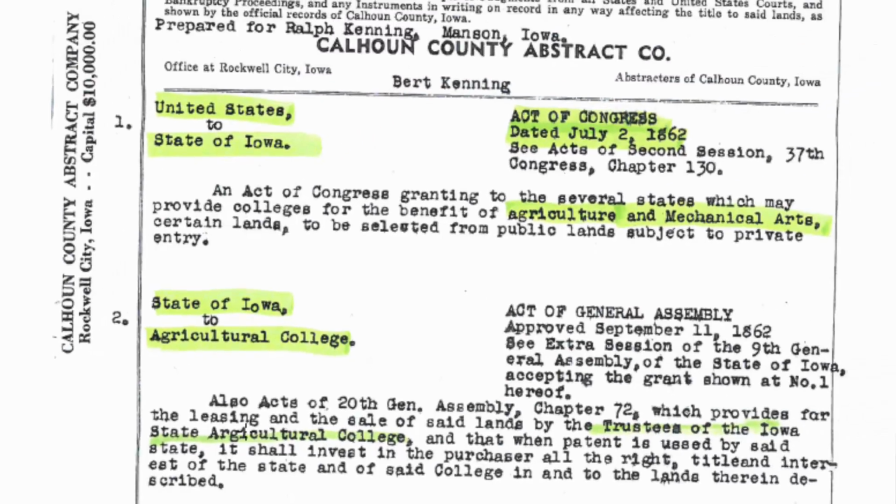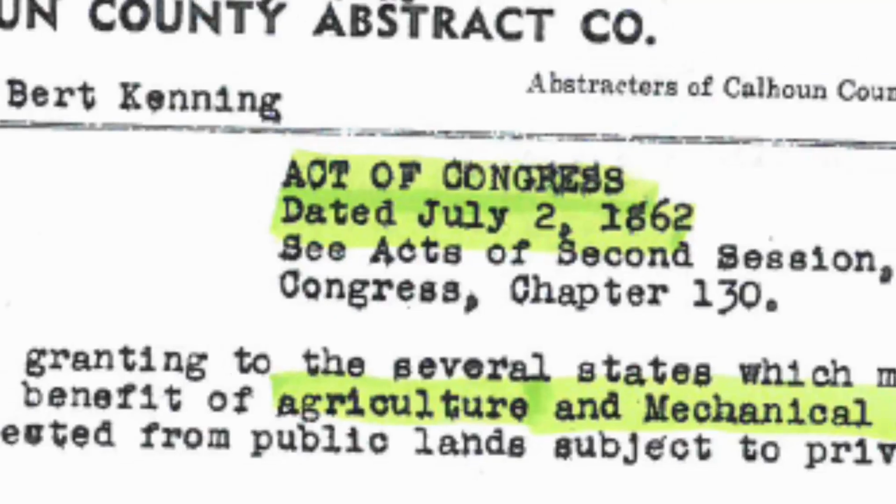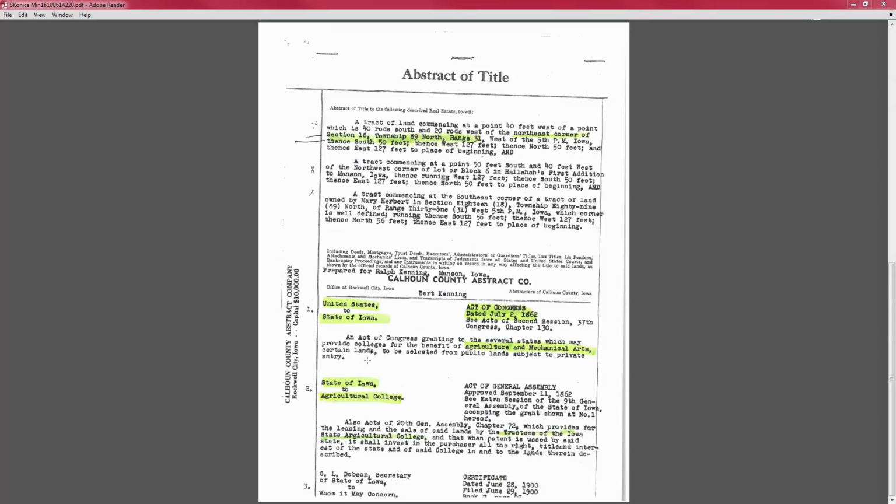It may also make reference to the Morrill Act of 1862, or it may say an Act of Congress, 1862, hopefully July of 1862. Any of that kind of verbiage will help us identify this as being an accurate record and your parcel is right.